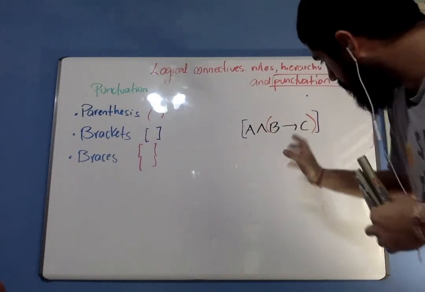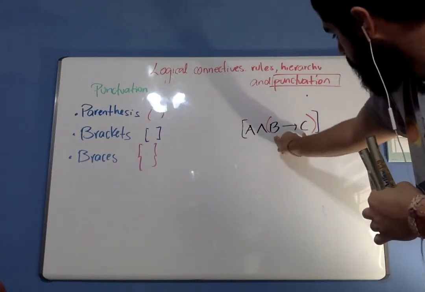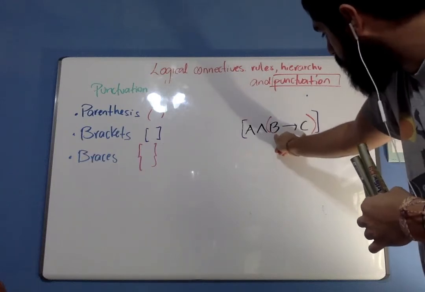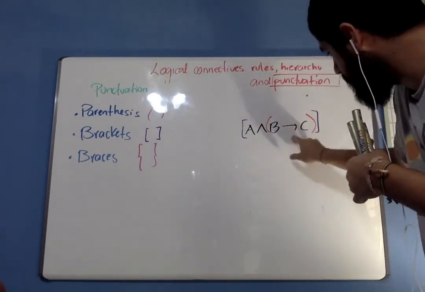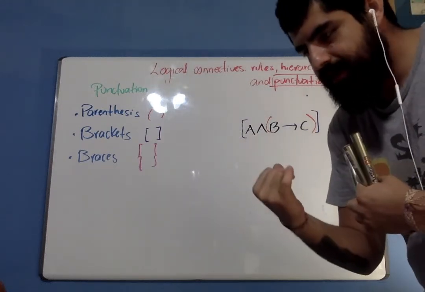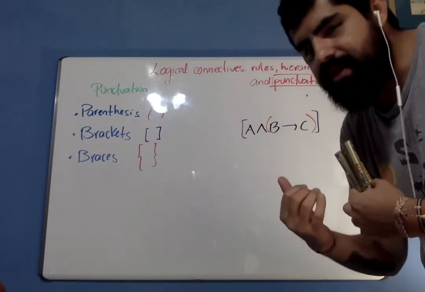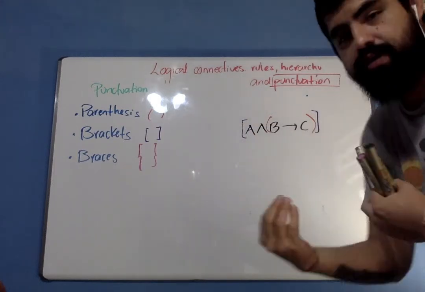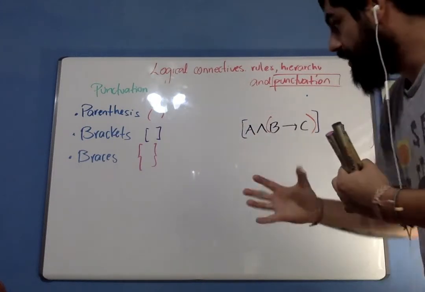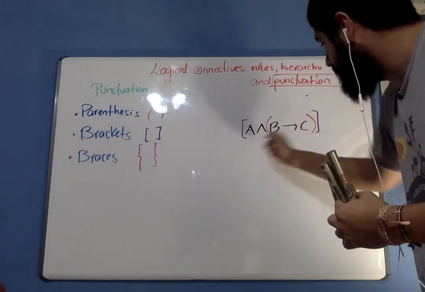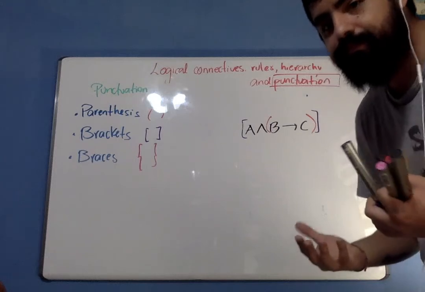In the same way as we group B conditional C and say that this is a unity, that we merge B and C into a unity, if we put these brackets, we are merging again, and we are making the whole expression a unity. Now it is a unity with these brackets. It's affecting the whole unity.